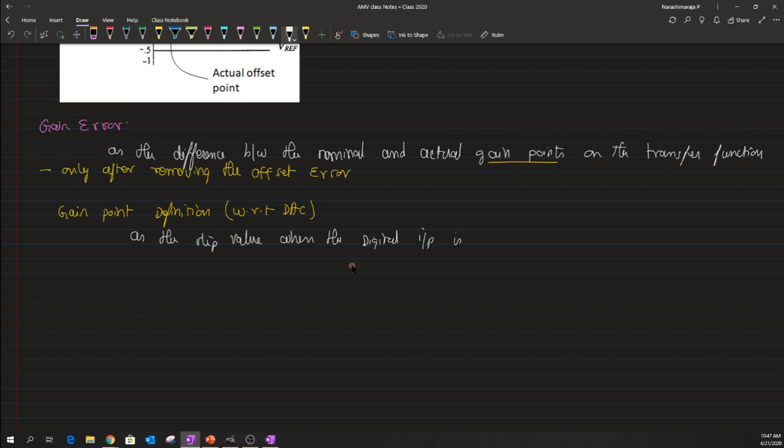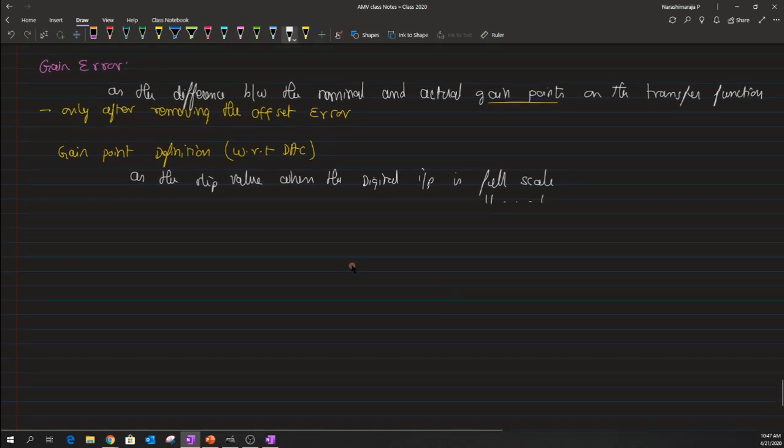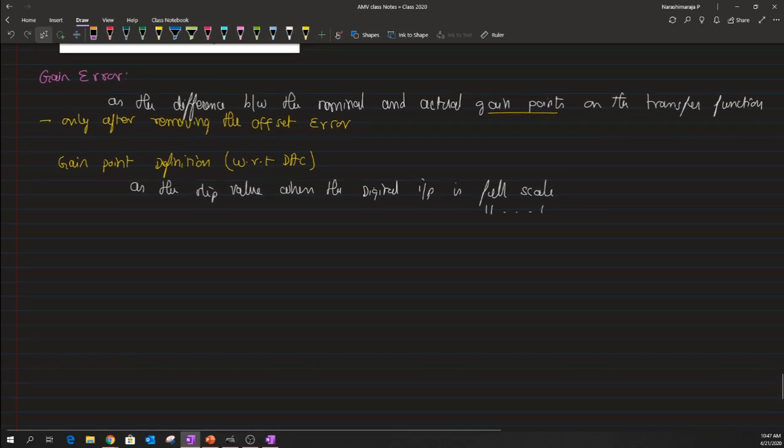What I really mean by full scale is when all of the digital inputs are equal to 111, whatever the number of bits you are using in the DAC. All of these digital input data has to be equal to 111. Under such a condition, whatever value we get at the output is called the gain point. So let me try to bring out the characteristic graph.